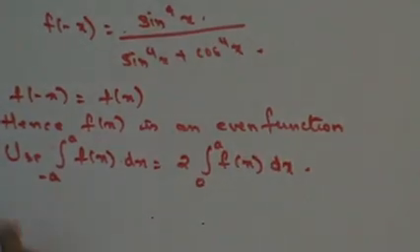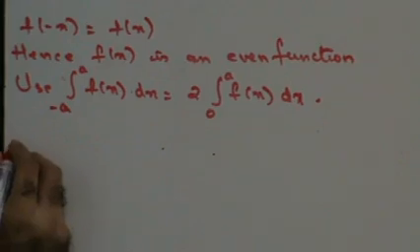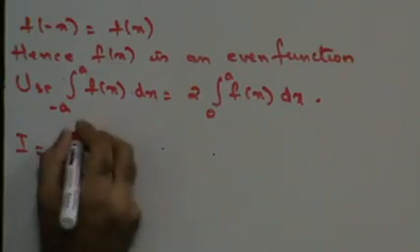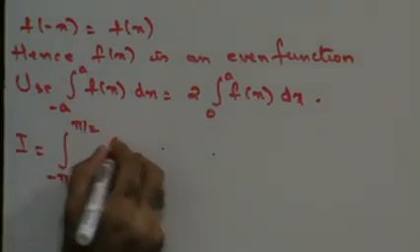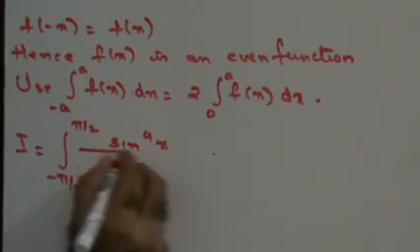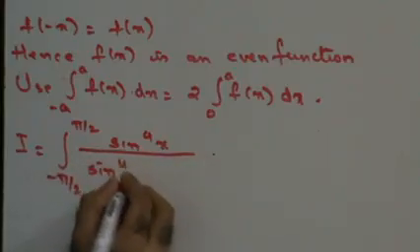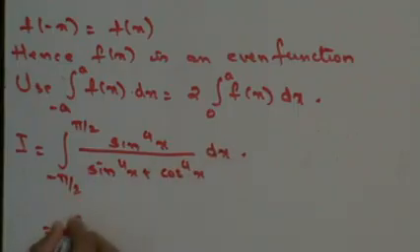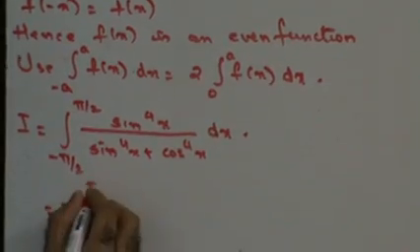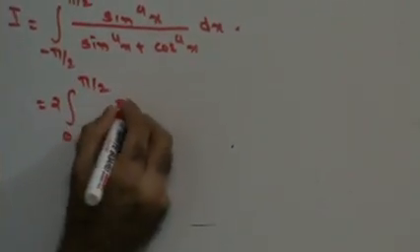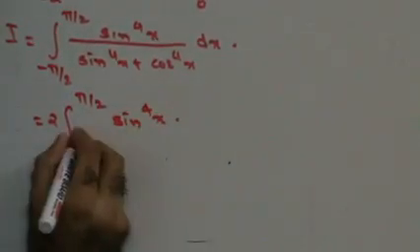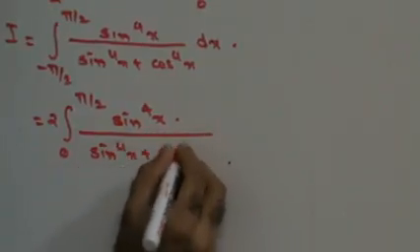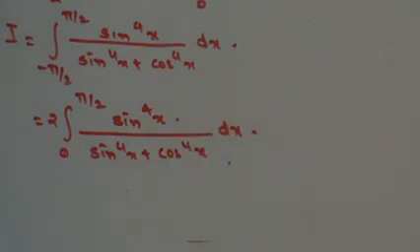If I use this, I'll get this answer as, let's start with the sum, integral of minus pi by 2 to pi by 2 sin raised to 4x upon sin raised to 4x plus cos raised to 4x dx. This is nothing but twice integral of 0 to pi by 2 sin raised to 4x upon sin raised to 4x plus cos raised to 4x dx.